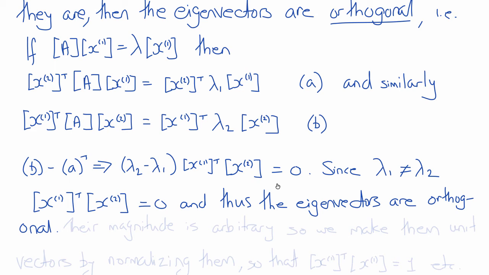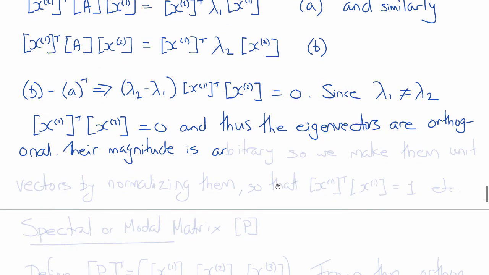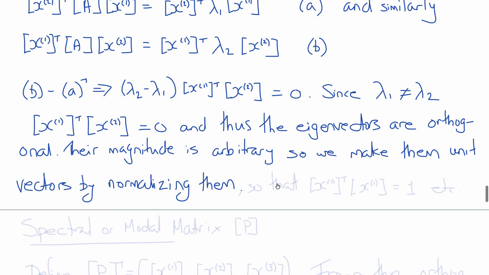In other words, the eigenvectors of A are orthogonal when their eigenvalues are distinct. As I mentioned, the magnitude of the eigenvectors is arbitrary, so we always make them unit vectors by normalizing them so that x1 transpose x1 is equal to 1, etc.